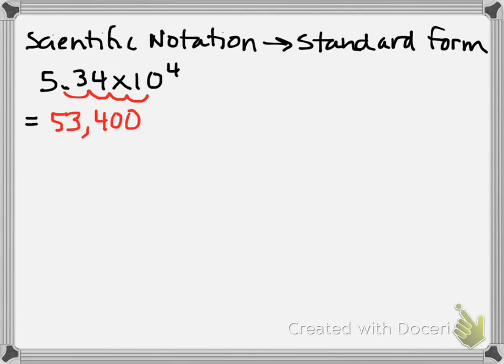Okay. I totally agree with that answer. Okay. So let's talk about what took place to get from that original problem to the answer. Where did the 4 places come from? Zach? That we had to move the decimal point. How did we know to move it 4 places?